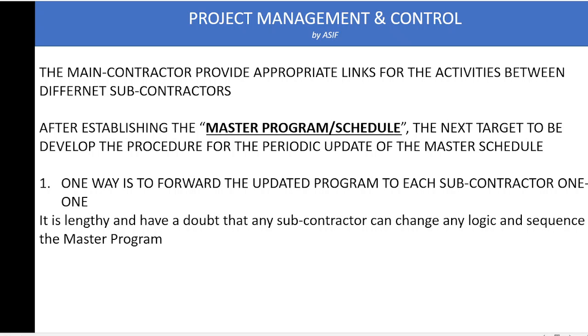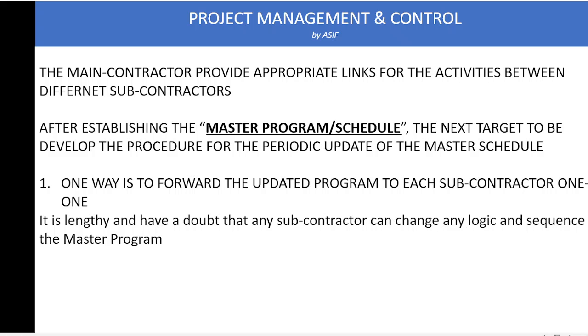And in the end, with the very tight schedule time for producing the weekly or monthly report, it is very difficult for the main contractor to check all the subcontractors' links in the master schedule, which sometimes consists of tens of thousands of activities.